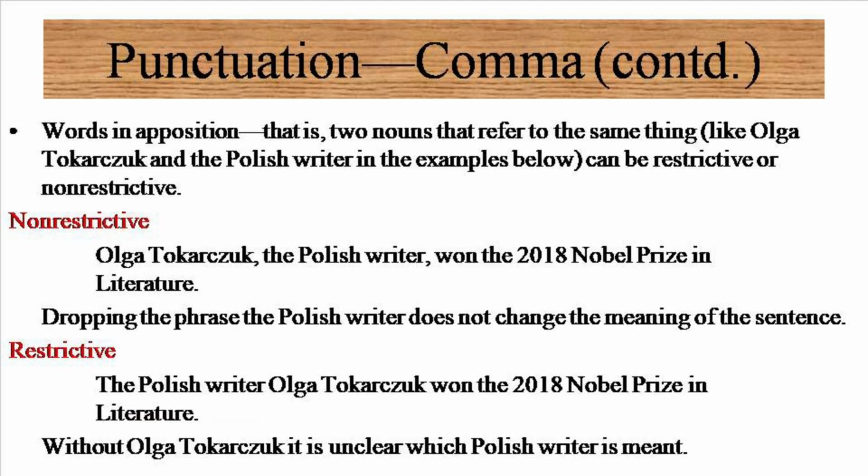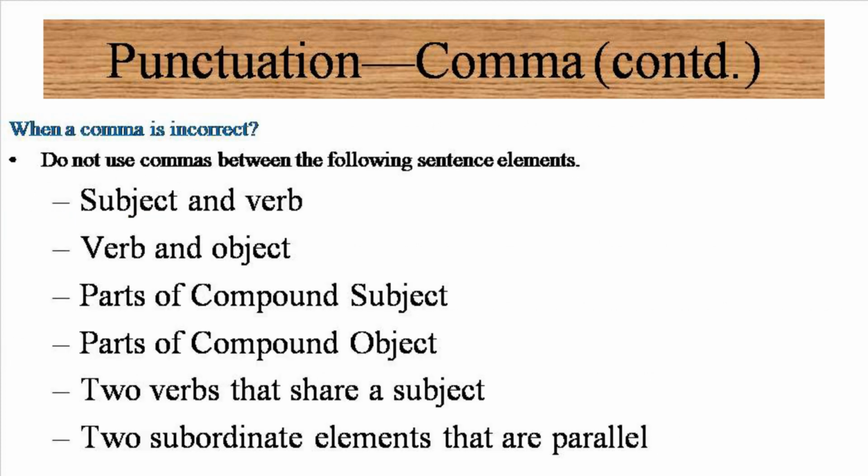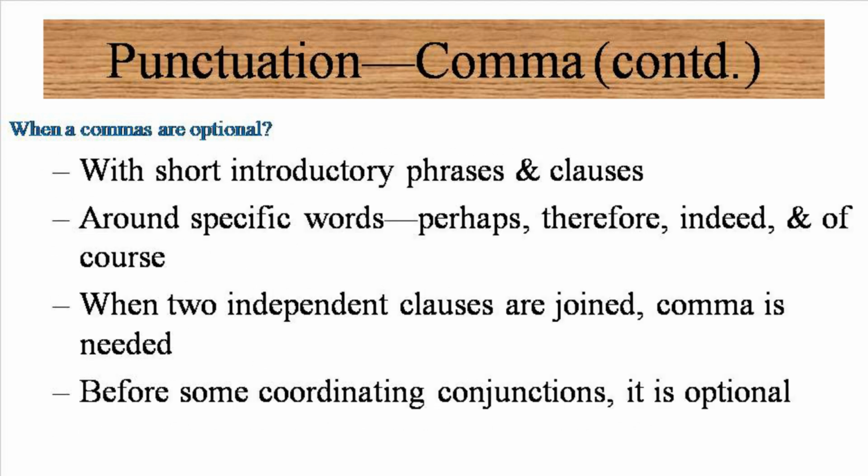Words in opposition can be either non-restrictive or restrictive. If it is restrictive, the comma should be omitted. A comma should be omitted between a subject and verb, verb and object, parts of compound subject, parts of compound object, two verbs that share a subject, two subordinate elements that are parallel.